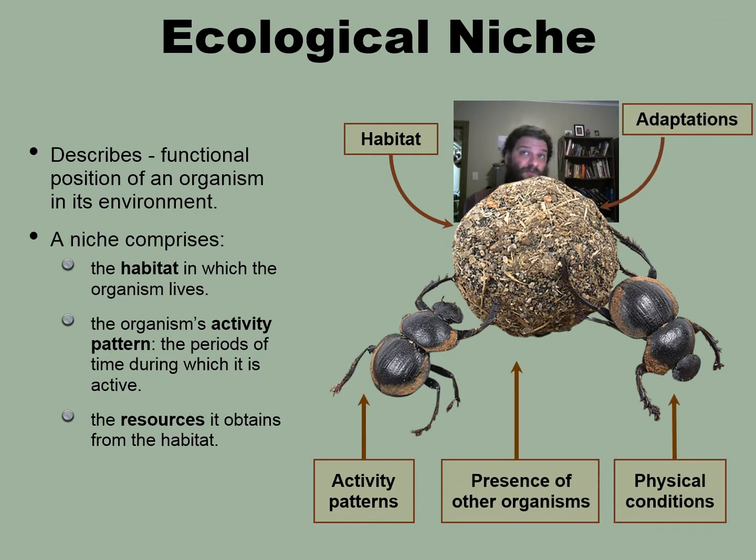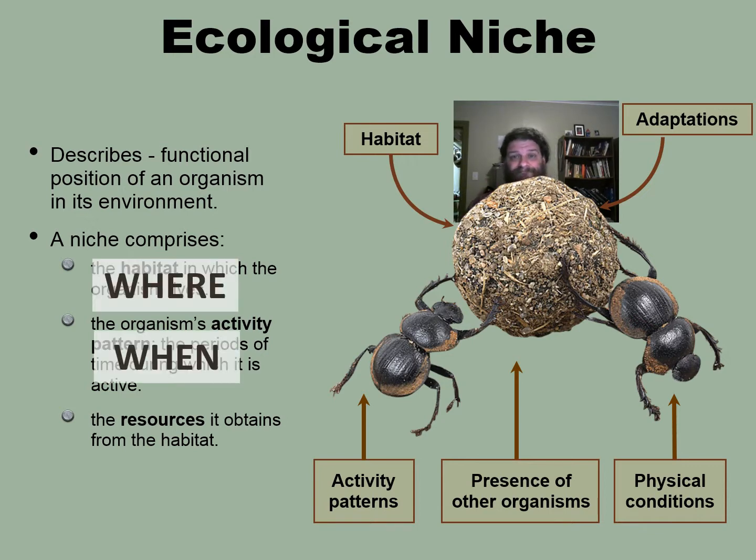These dung beetles live in the desert, and they're active both during the day and during the night, but they're really active once big organisms poop, and they roll the balls of poop up in front of biology teachers. So really what we're talking about when we're describing the niche is the where, the when, and the what that an organism does in a particular environment.